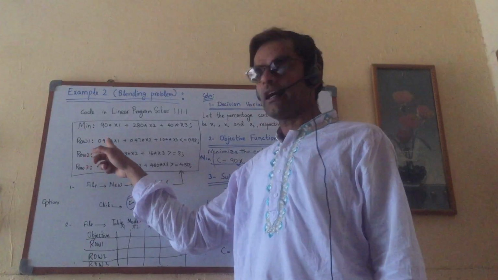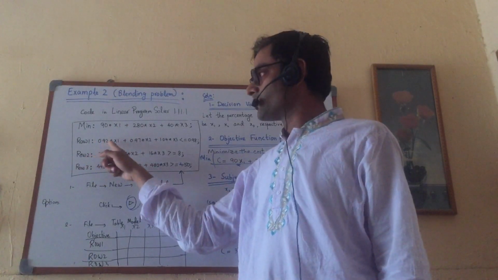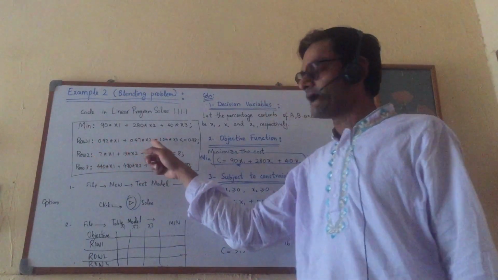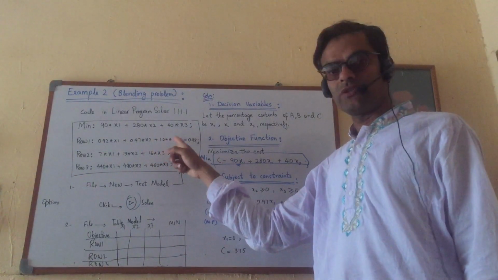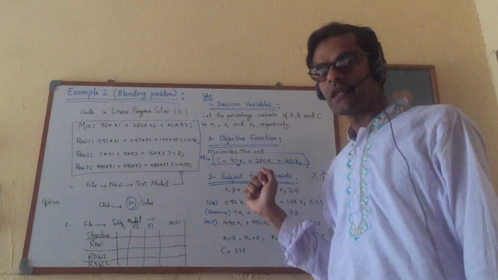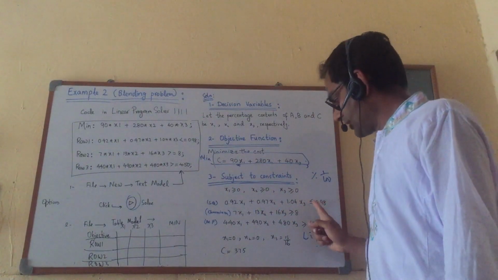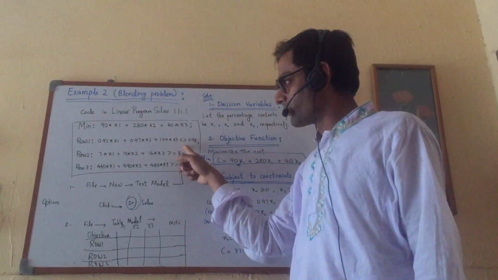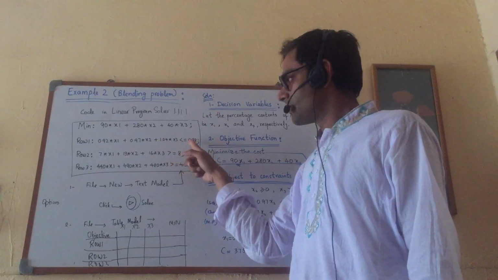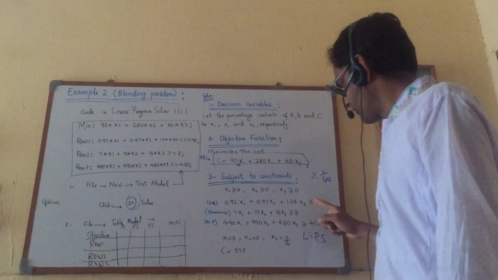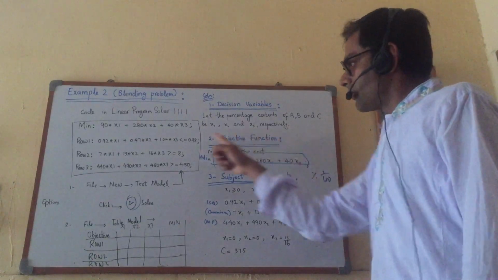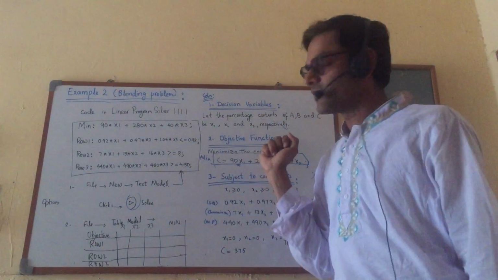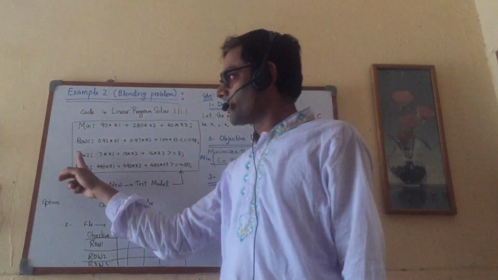So here I have to write 0.92 asterisk x1 plus 0.97 asterisk x2 plus 1.04 asterisk x3. Now you see here less than or equal to, so I have to write it this way: less than, equal to. Now we have the right hand side 0.98 and then the terminator symbol.